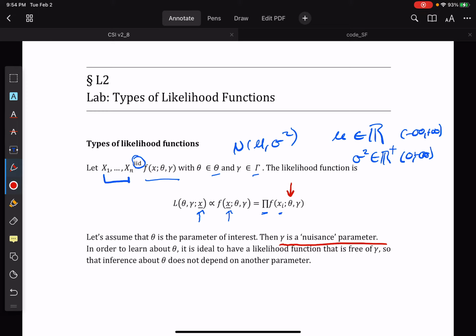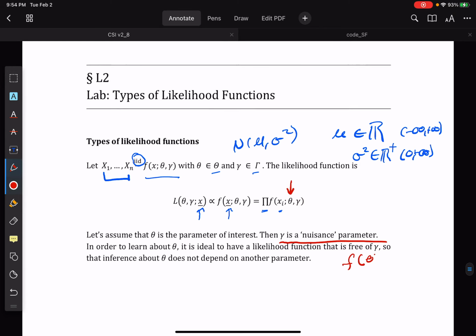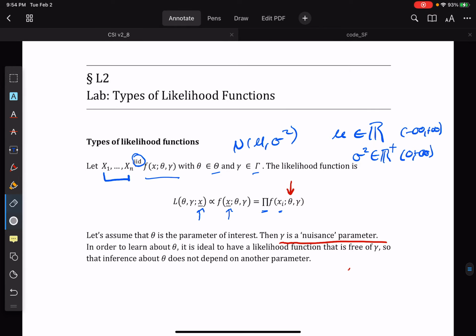And ideally, in order to learn about theta, I'd like to have a likelihood function that depends on the data and will tell us about theta, but there's no gamma in there, right?